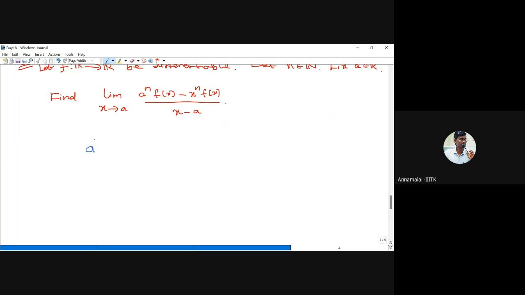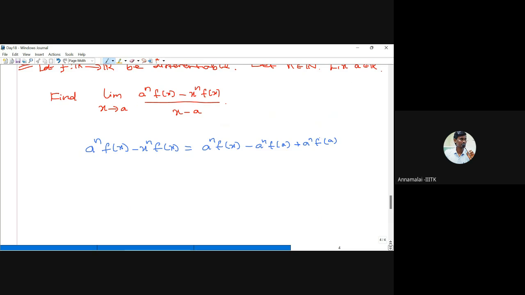First consider a^n f(x) - x^n f(x). Now what can we add? We can add a^n f(a); I'm adding and subtracting a^n f(a), and just as I am subtracting this, I am adding a^n f(a).